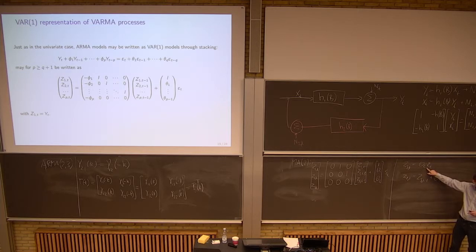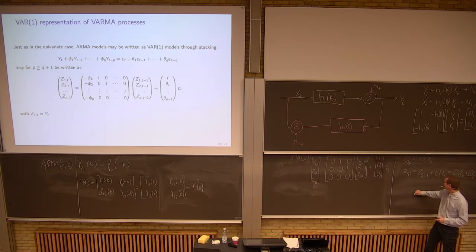We just have to shift time. So this is equal to, and just to get back to the usual order of elements, I will write theta 1 epsilon t first, plus theta 2, and then I have to shift time. So I get epsilon t minus 1 there, right?